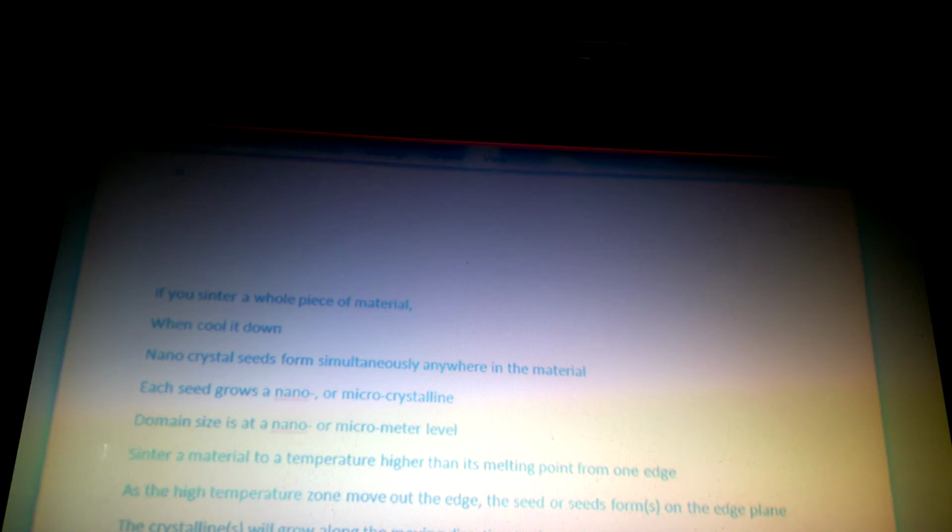Sinter a material to a temperature higher than its melting point from one end of the material. You just heat up locally, then you slowly move the hot zone out of the edge.